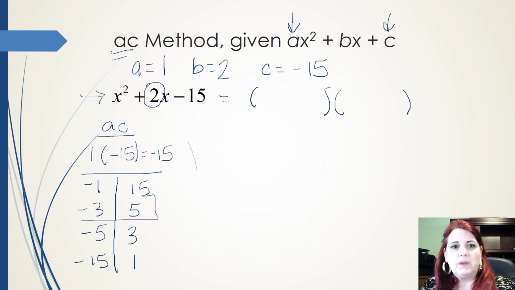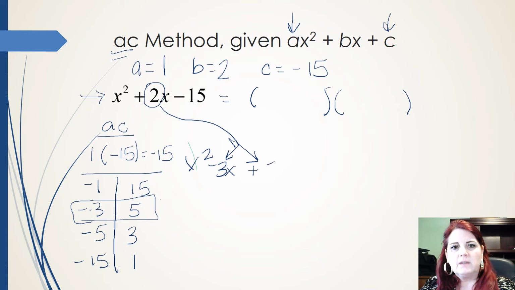So negative 3 and 5 add up to 2. So I'm going to rewrite this polynomial with the x squared, but that 2x now is going to become negative 3x plus 5x, because negative 3 plus 5 equals 2, and then minus 15. Now we're going to factor by grouping.